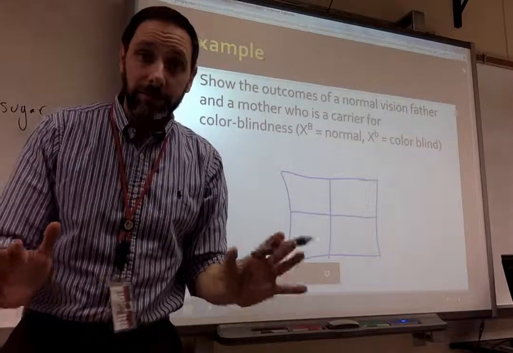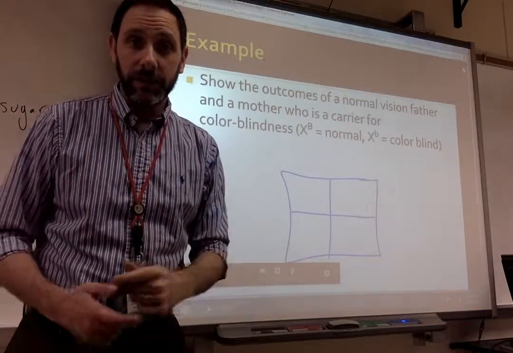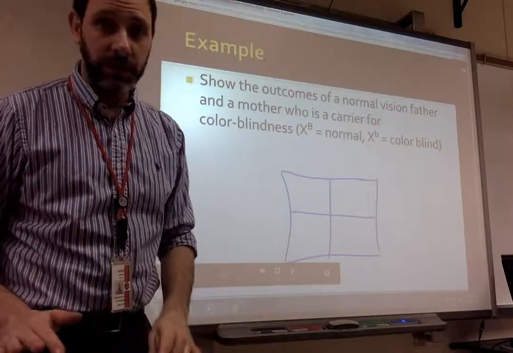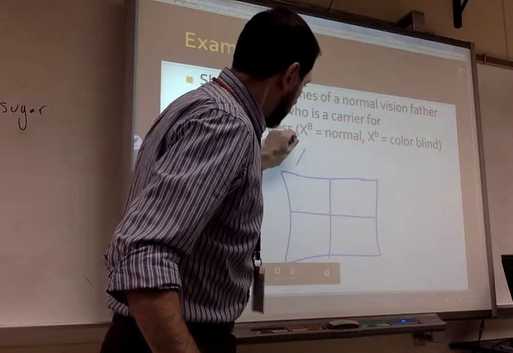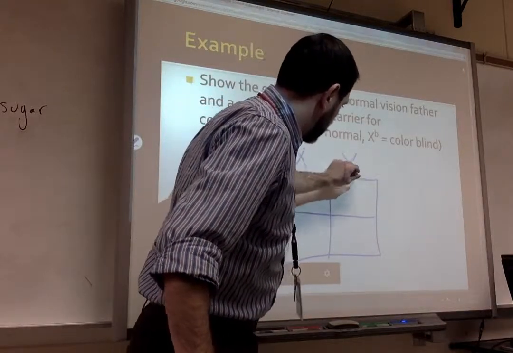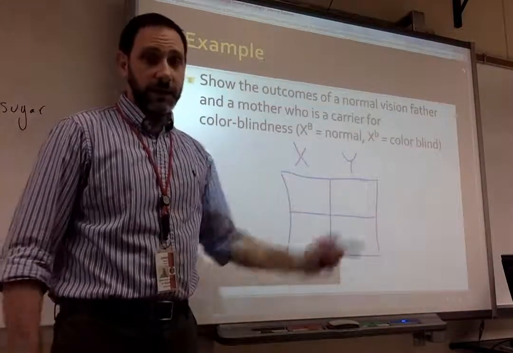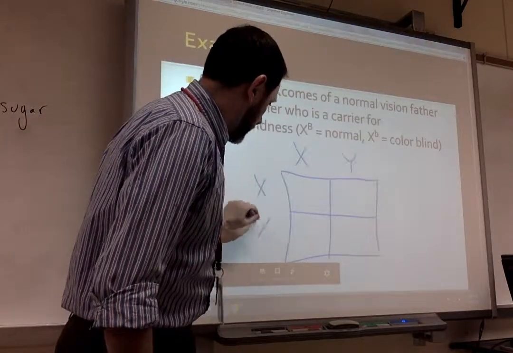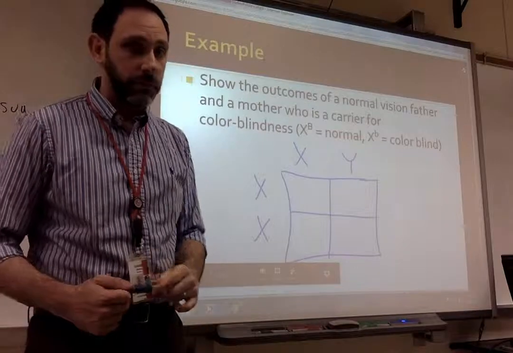Before we even worry about what the alleles are, let's just put in the parents' sex chromosomes. We're going to put the father over here, and he's an X and a Y. We're going to put the mother over here, and she's two X's, just like we did before.